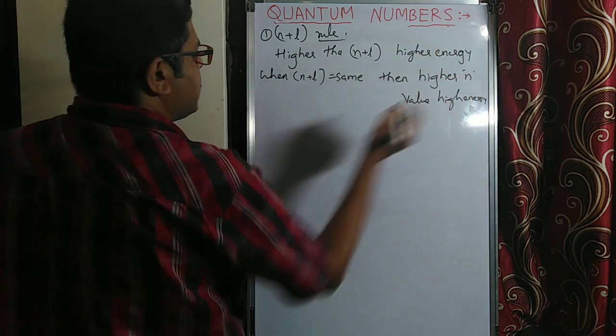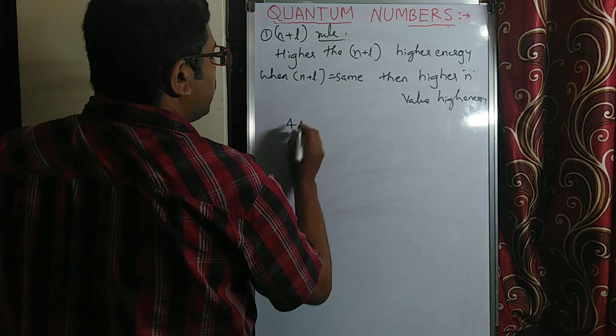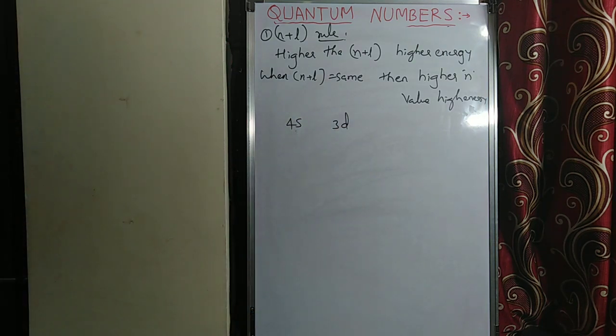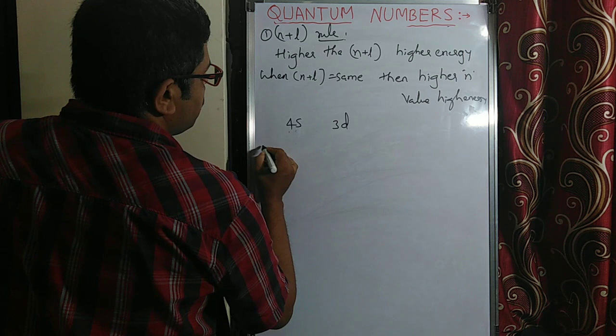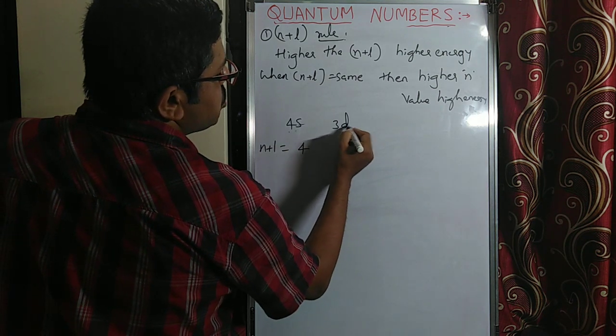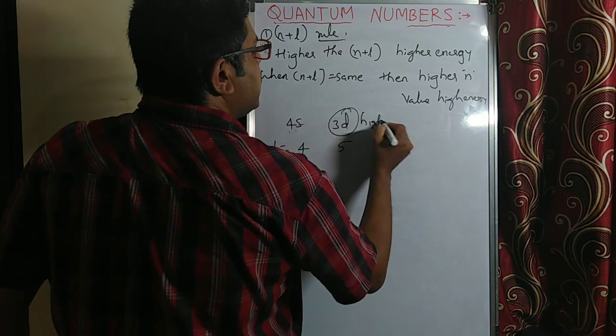I will take one example: 4s and 3d. For 4s, n plus l is 4 plus 0, which is 4. For 3d, it is 3 plus 2, which is 5. So 3d has higher energy.